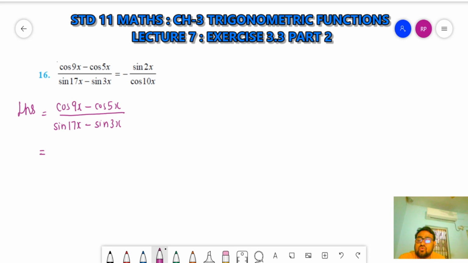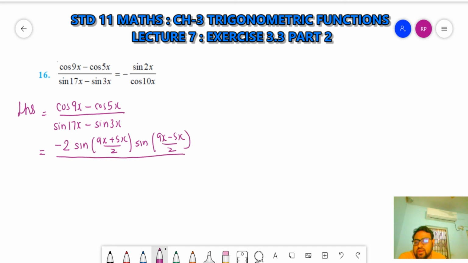This is cos minus cos. Here we will use the formula cos C minus cos D equals minus 2 sin S sin. So minus 2 sin((9x + 5x)/2) sin((9x − 5x)/2).